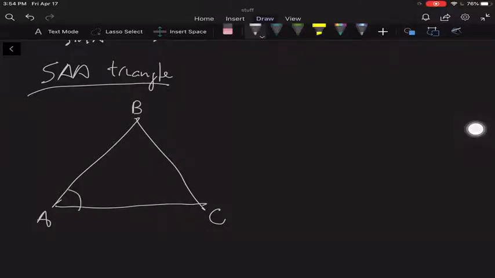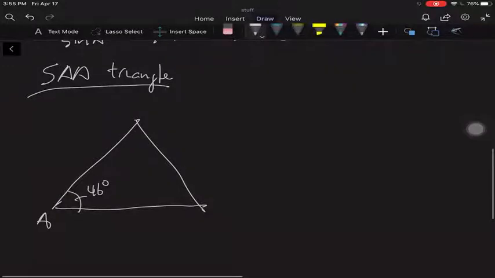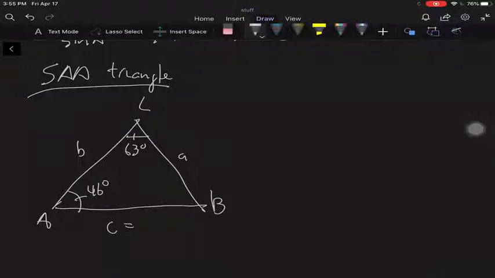Let's redo that, I got my triangle wrong. We have angle A of 46 degrees, angle C of 63 degrees, and nothing yet for angle B. Then we have sides a, b, and c, where c is equal to 56 inches.